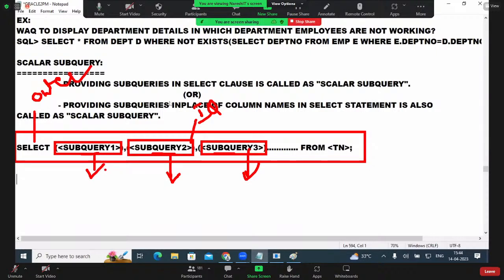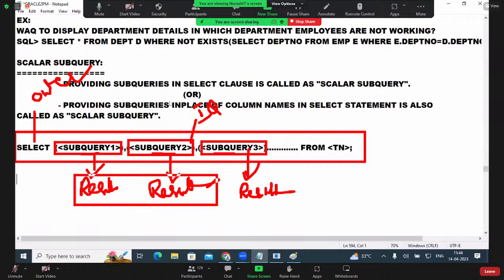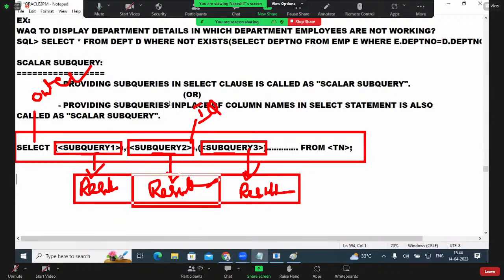Suppose this inner query executes, it returns some result. So whatever result or output the scalar subquery returns, those results will act as what? Columns. That means every scalar subquery result will show as a column.